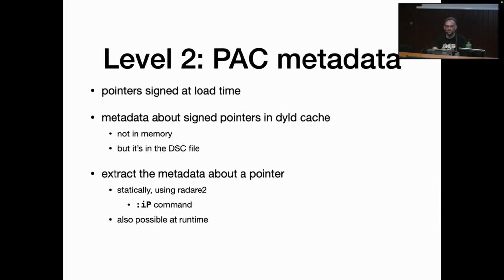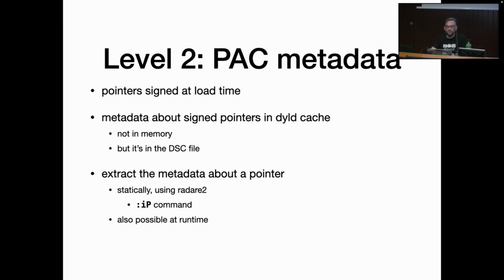And that's also true in R2, because the IO plugin cleans up the pointer, so we don't see that information even in R2. But there's a command in R2 which is able to retrieve this information by calling directly into the IO plugin.